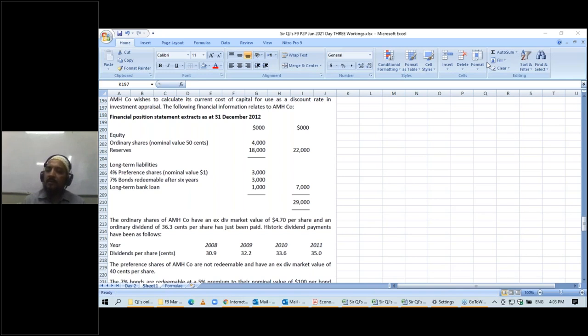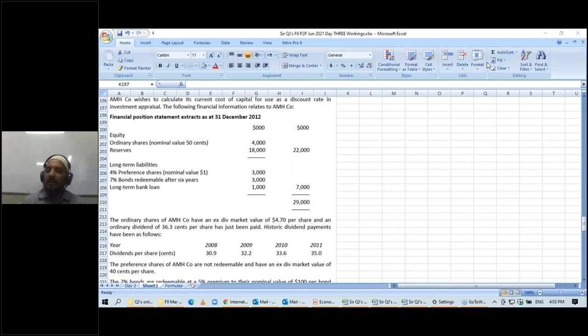So if the business issues shares and raises capital, it is much more expensive compared to raising finances from debt. So cost of debt is lower than the cost of equity.